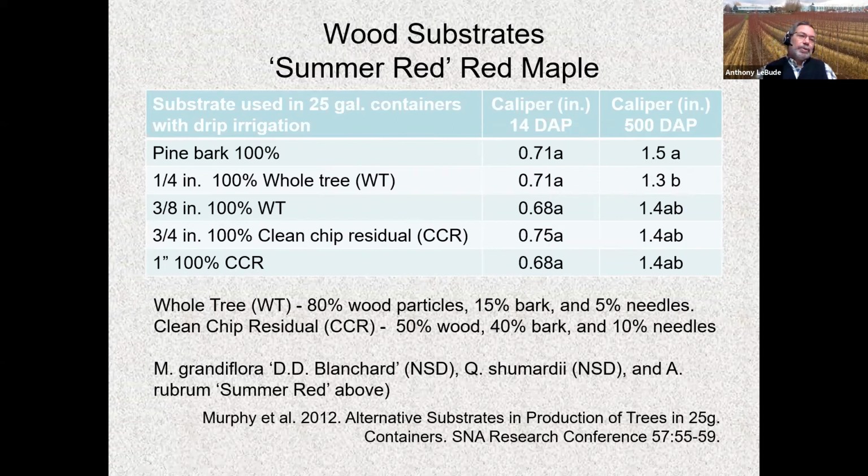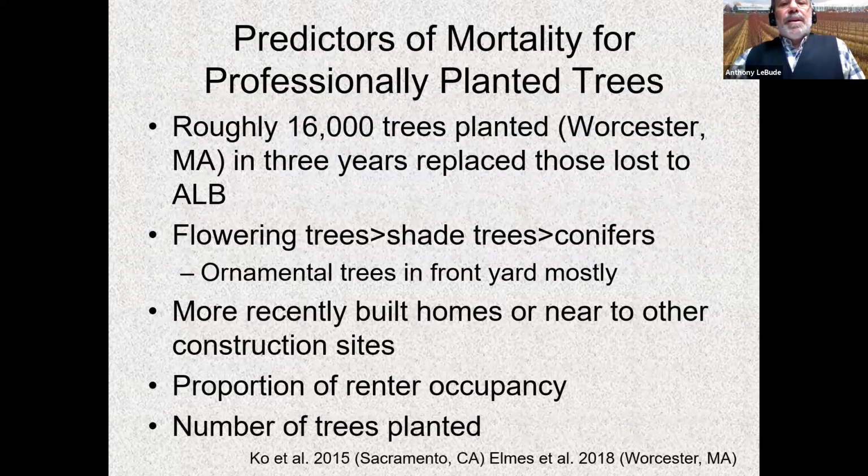So using wood substrates, you might be able to get the same effect adding them into pine bark as you might with coir. But of course, we'd want to test that first. And lastly, looking at predictors of mortalities of trees planted in the landscape afterwards, which is ultimately what we're trying to do.